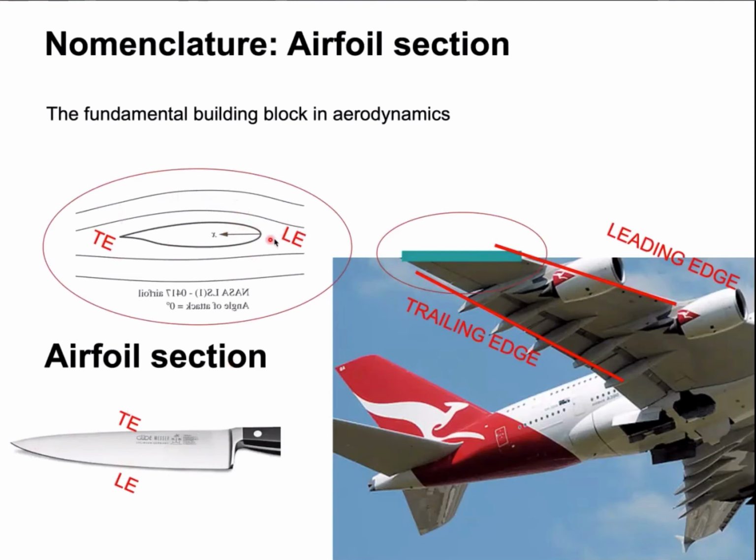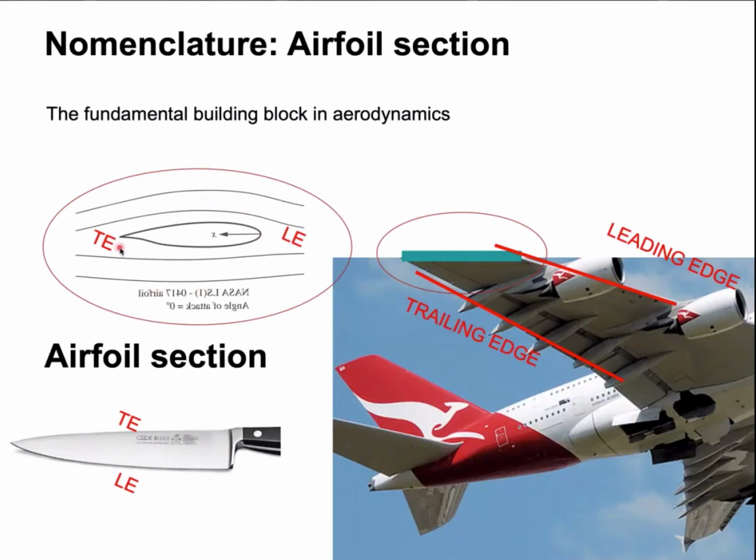And that generates a difference in pressure between the top part of the wing and the bottom part of the wing. That difference in pressure generates a net pressure force pointing upward, which we call the lift force. So this is primarily how a wing works. It works because it has this shape, which is the airfoil shape.